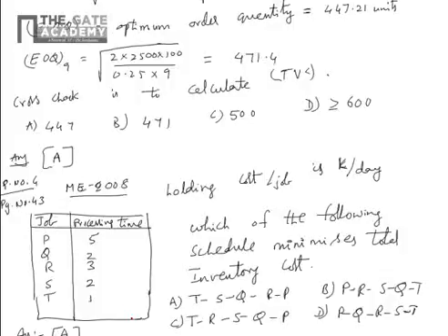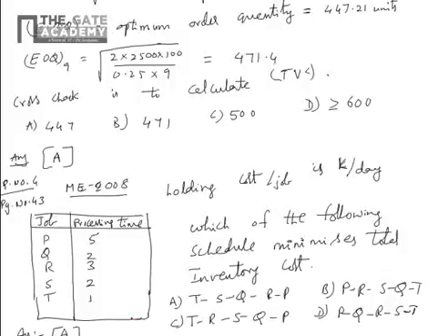Holding cost per job is k per day. So after 5 days you need to pay 4 into 5, 20, based on first come first serve.